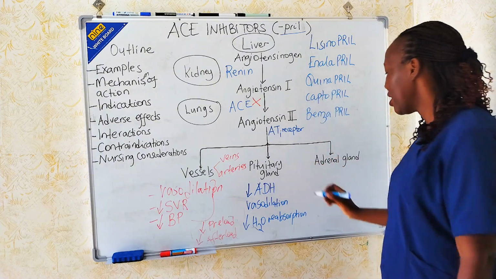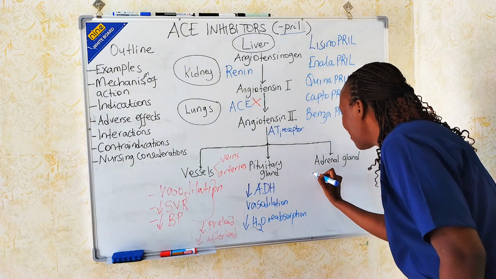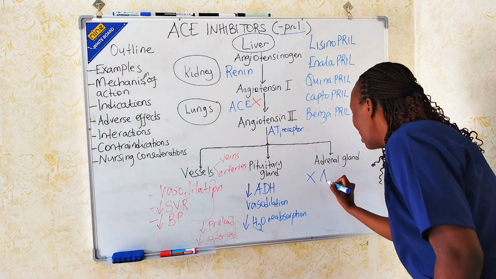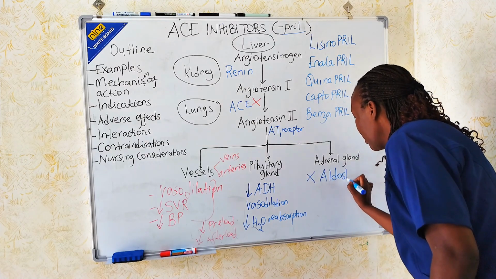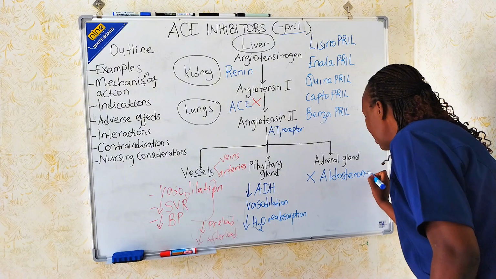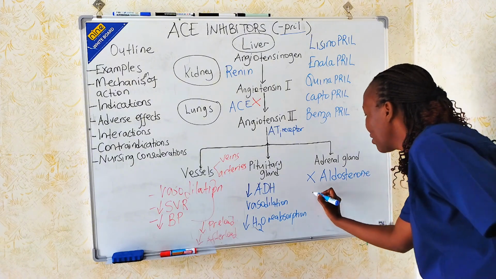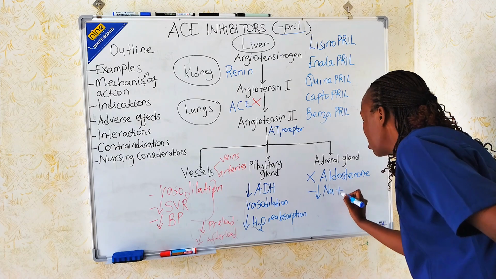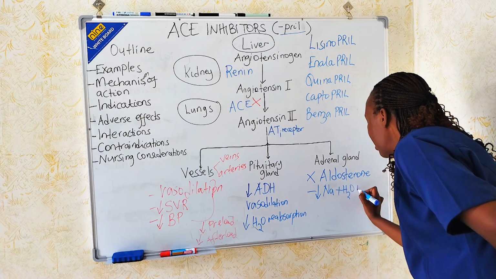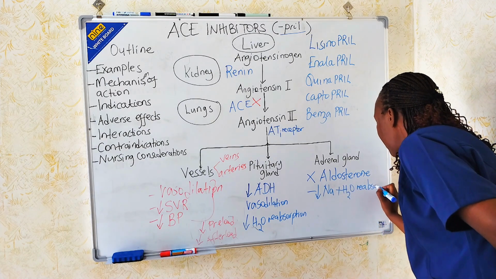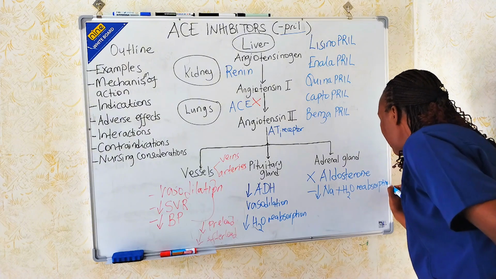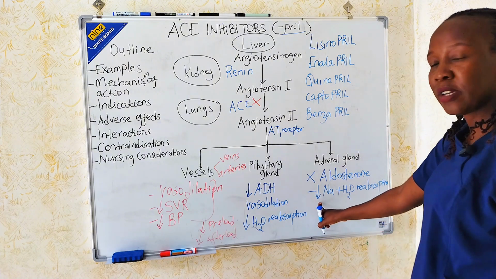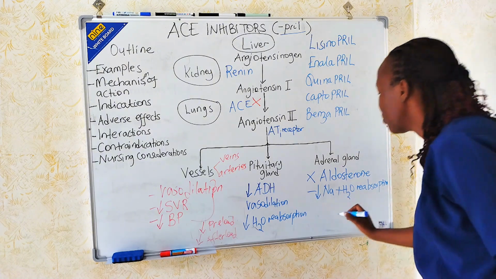Now, because we are blocking it, we are going to have no aldosterone or very little aldosterone. So we are going to have a reduction in salt and water reabsorption.